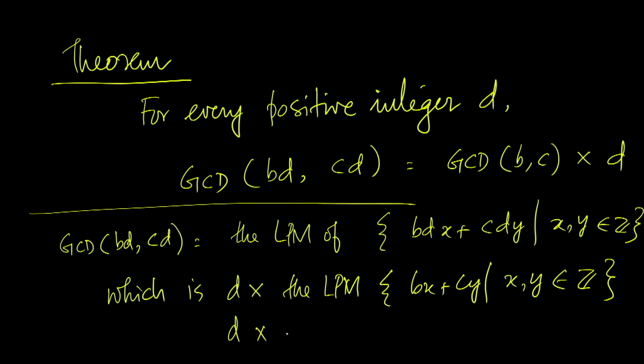But this is the GCD of B and C. That is precisely what we wanted to show. So, you can remove common factors from BD and CD. D is a common factor of BD and CD, and then find the GCD of the remnants.